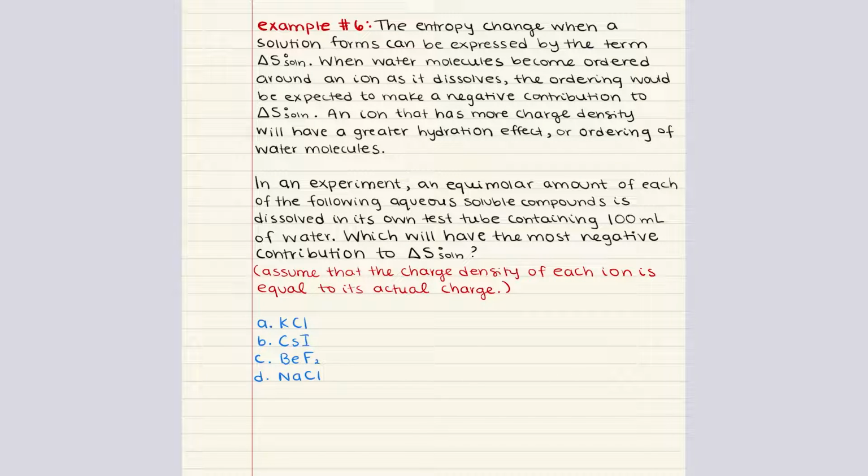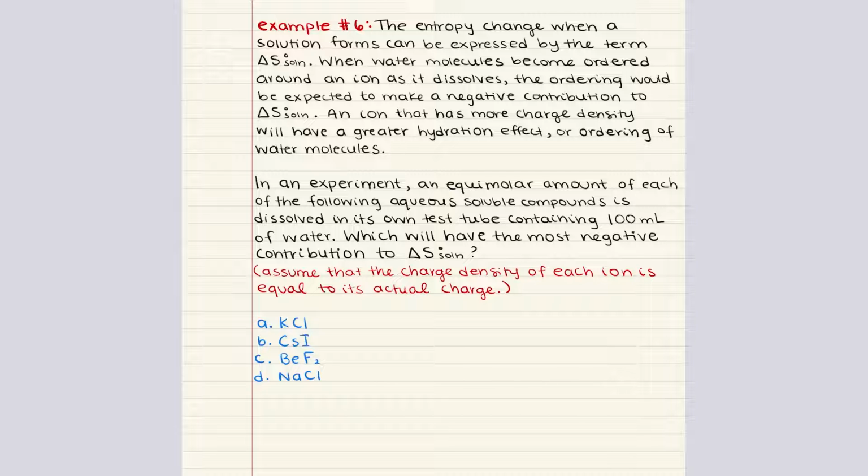Problem 6 reads, the entropy change when a solution forms can be expressed by the term delta S of solution. When water molecules become ordered around an ion as it dissolves, the ordering would be expected to make a negative contribution to delta S. An ion that has more charge density will have a greater hydration effect or ordering of water molecules.